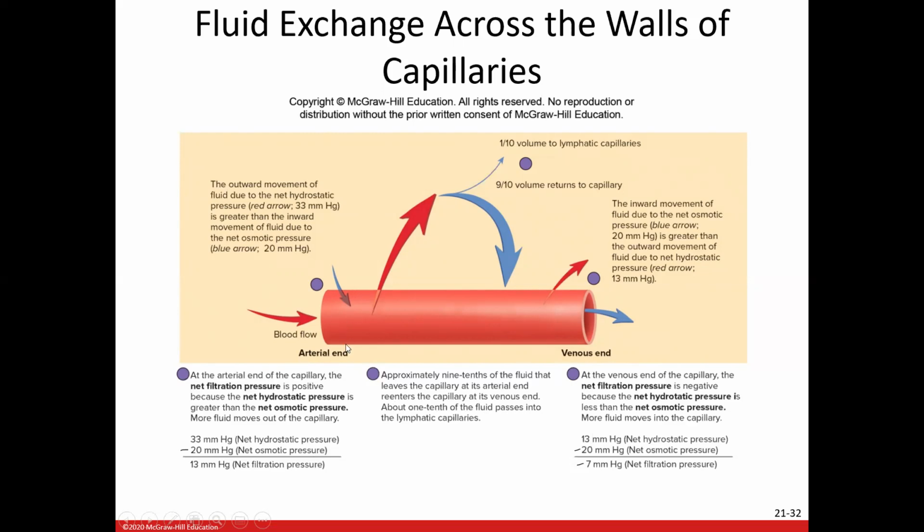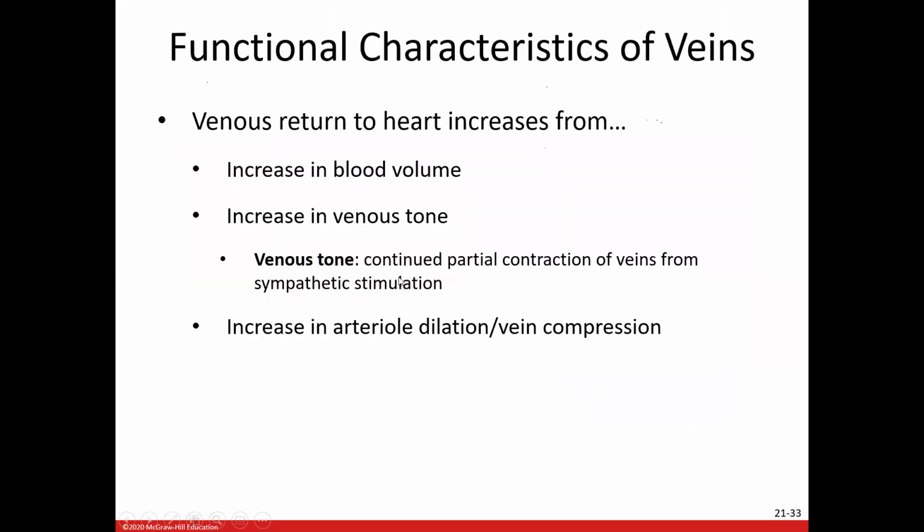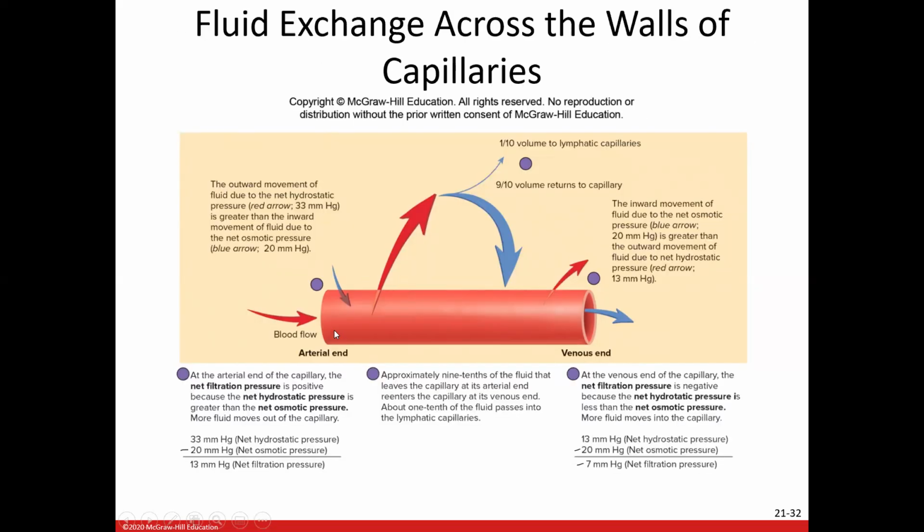So the pressure that the actual blood has on the blood vessel is much higher than the pressure of any solids or extracellular fluid or plasma has on the blood vessel. Because of this, we're going to have higher hydrostatic pressure, like I said, than the osmotic.